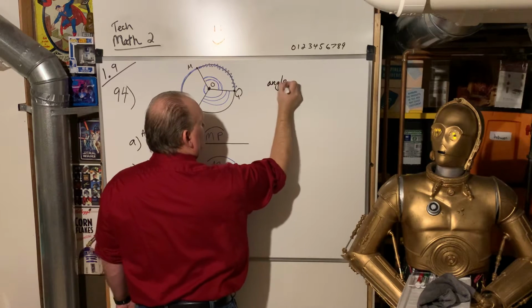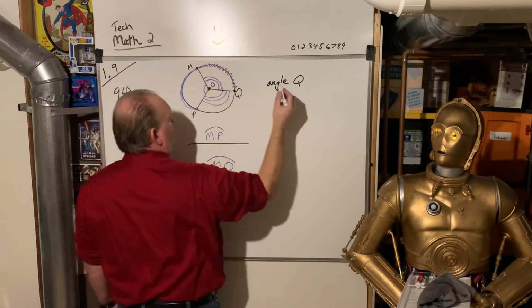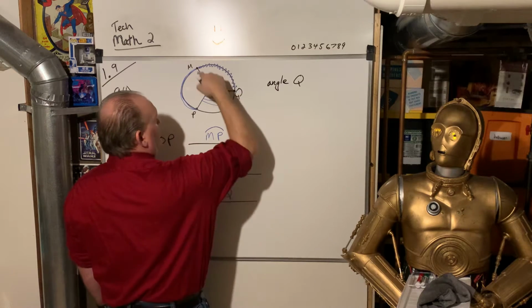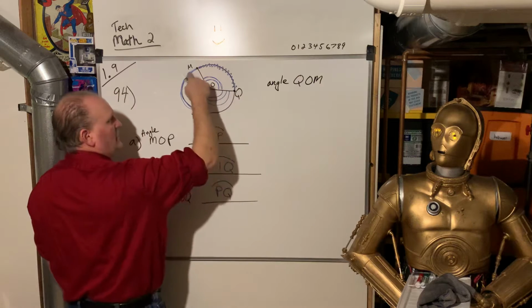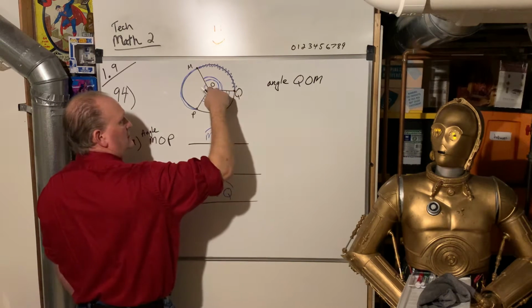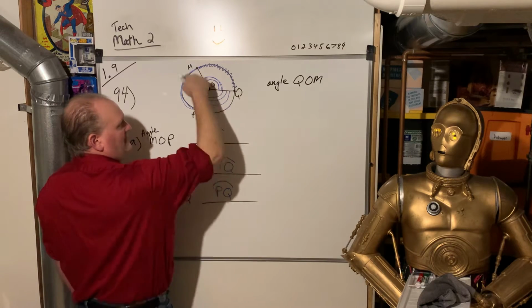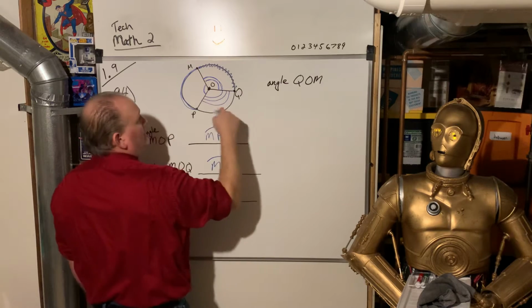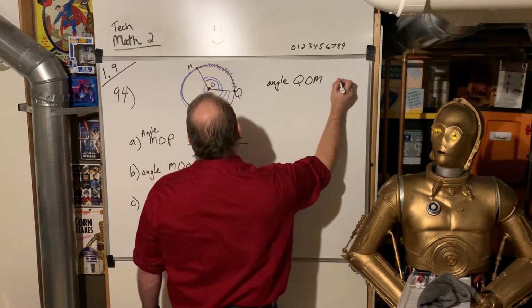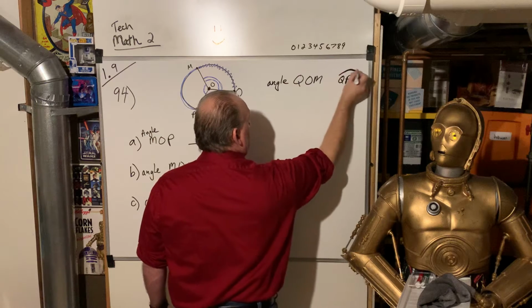So this isn't in your book, but let's just pretend they said QOM, but they wanted it as a major arc. QOM, so they want it this way. QOM, but they want this. So if I wanted to identify that major arc, the bigger than 180, we would identify that as QPM, and we'd still put the little arc sign over it.